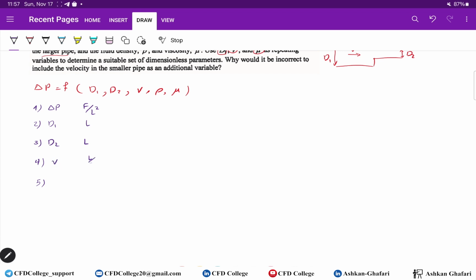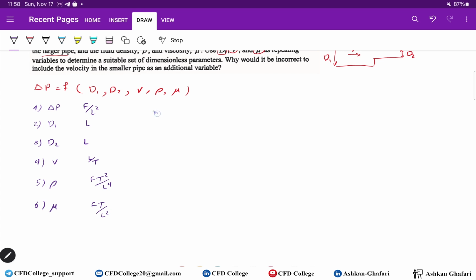Velocity, the unit is L over T. Density, the unit is F T squared over L to the power 4. And the last one, mu, the unit is F T over L squared.